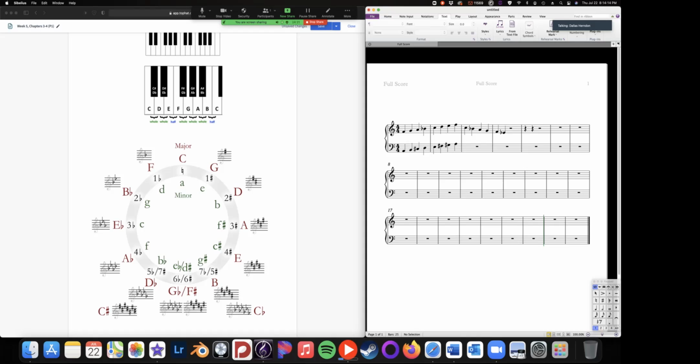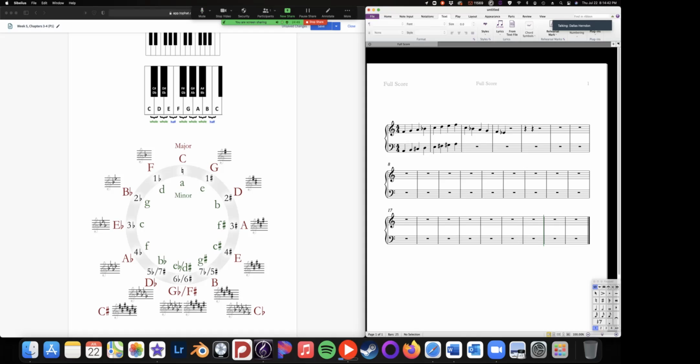Okay. And another thing I wanted to mention here, let's say you're taking the opposite approach: you're given a key signature and you want to recognize what key it is just by looking at it. Well, there's a little trick or tool to do that. For the sharp keys, you look at the very last sharp.